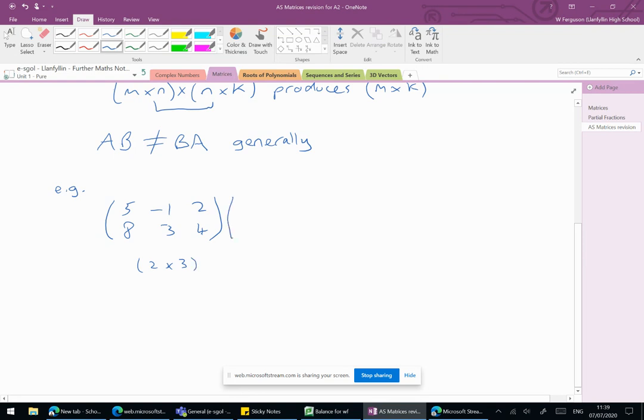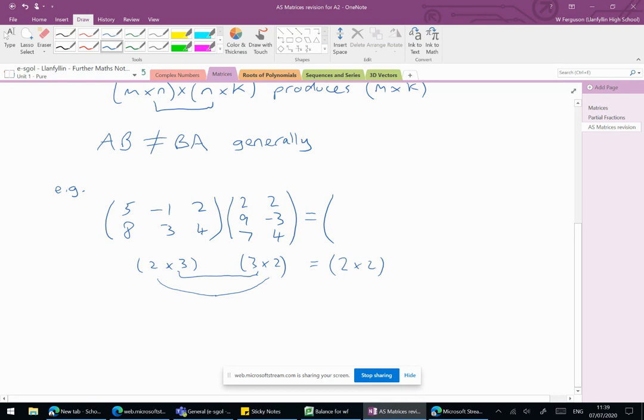And if I multiply that by this matrix, 2, 2, 9, minus 3, 7, 4, which is a 3 by 2 matrix. So I've got the same numbers in the middle here. So this multiplication is possible, and those two numbers there tell me that the resulting matrix should be a 2 by 2 matrix.